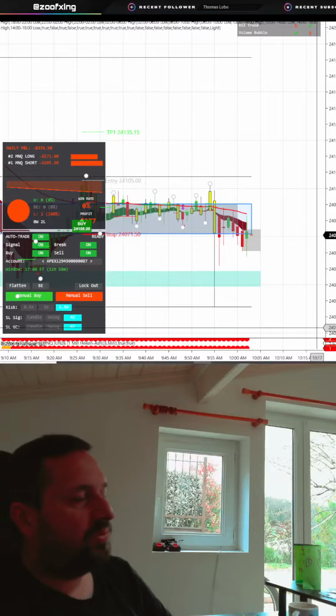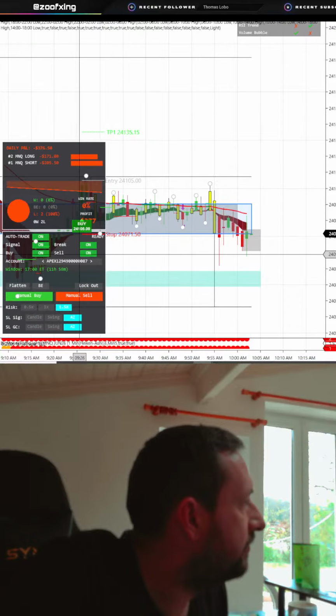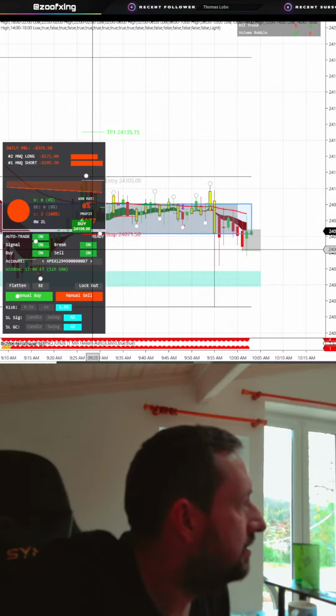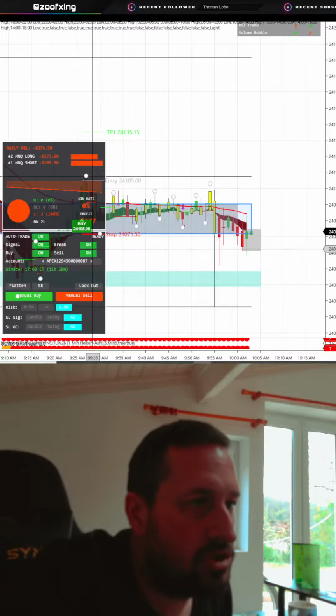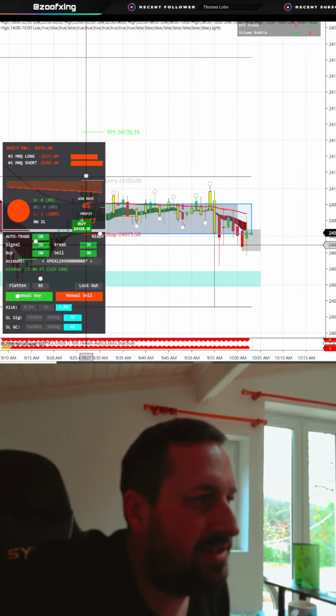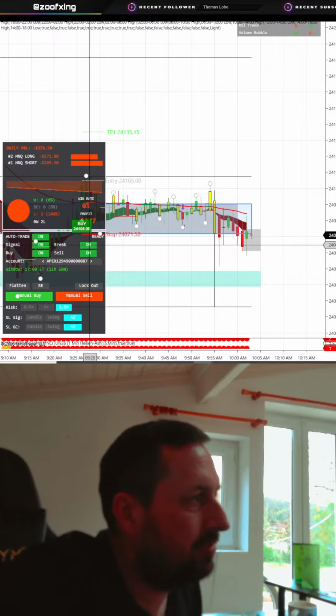So say, for example, I only fancied longs today. Well, I can just turn off sells. So it'll ignore any sell signals and just take buy signals. So like if we're above the daily, above the Q, I can just go, no, forget any sells you get, just focus on buys.